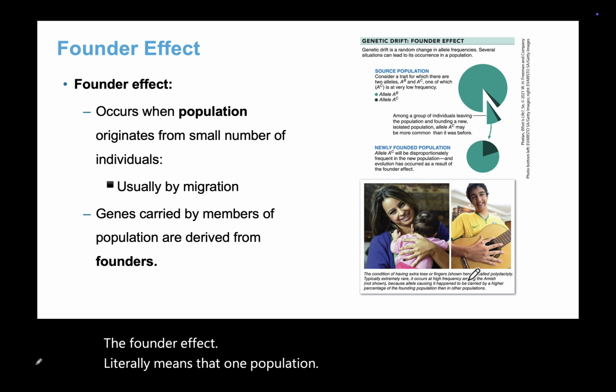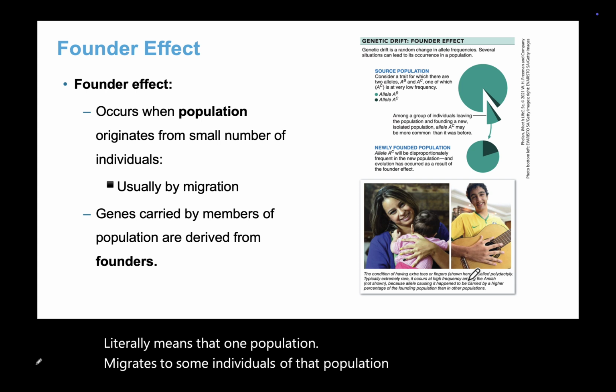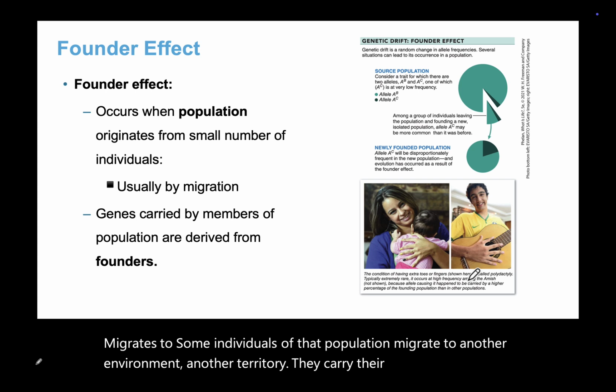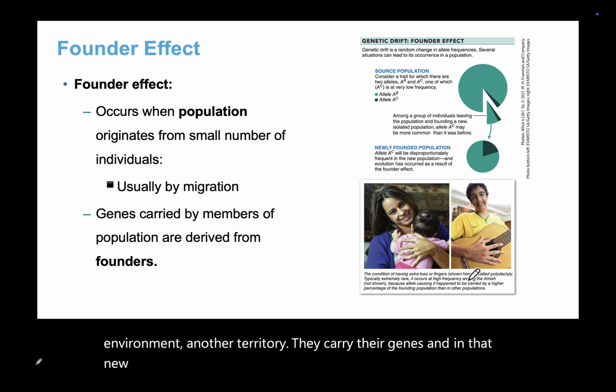The founder effect literally means that some individuals of one population migrate to another environment, another territory. They carry their genes, and in that new territory they start a new population.